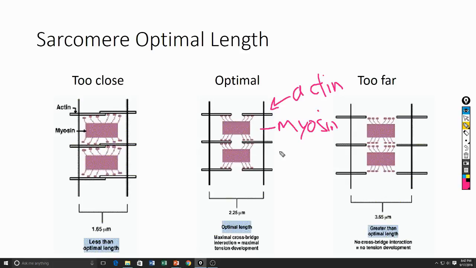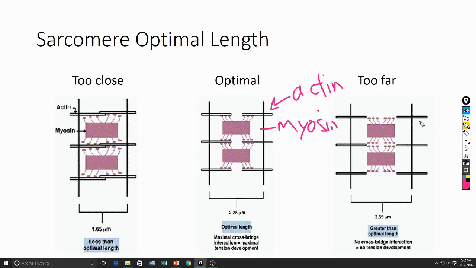More cross bridges are able to attach to more of the actin, and as we've said a number of times, force production of a sarcomere or a fiber is little more than the number of cross bridges attached at any given moment. So if I can attach more due to just the horizontal orientation of that actin and myosin, well, I'll produce more force. Okay, it's pretty simple, right?